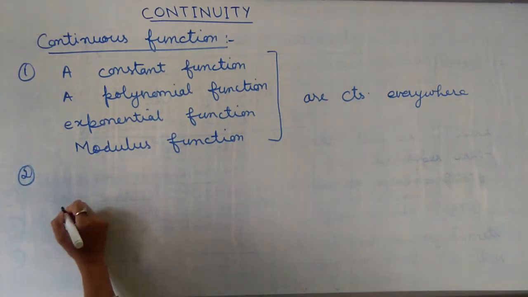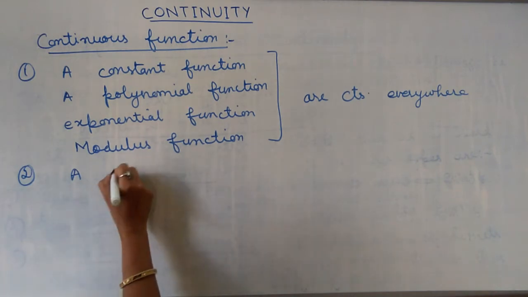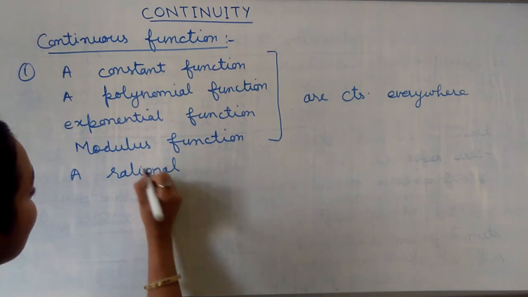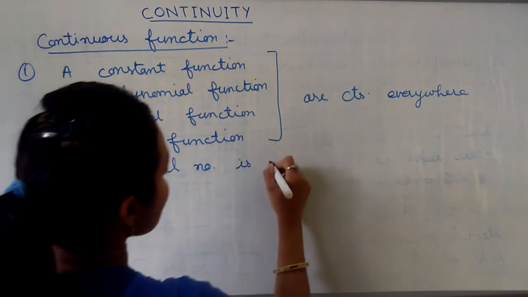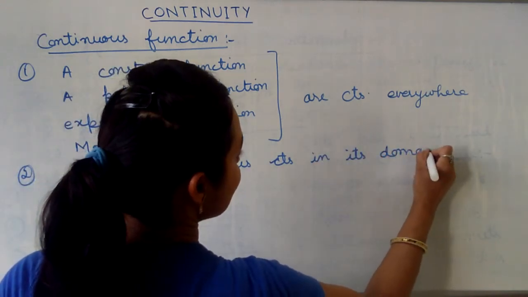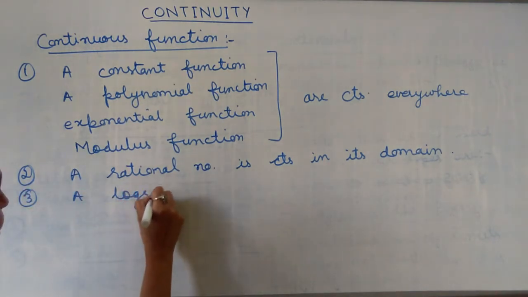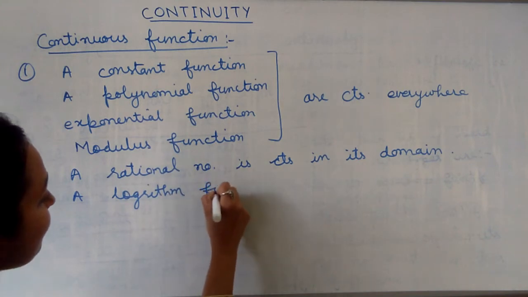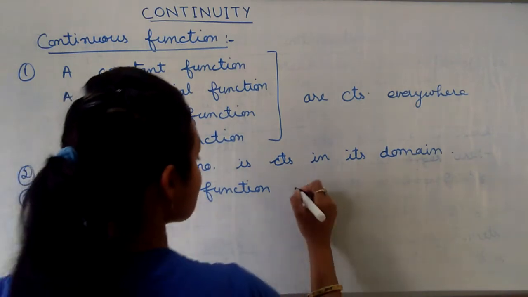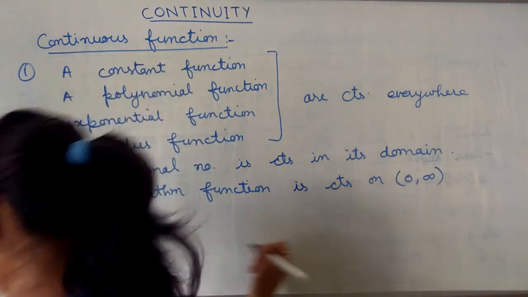Second, rational functions are continuous in their domain. Third is the logarithm function, which is continuous on 0 to infinity, the open interval.